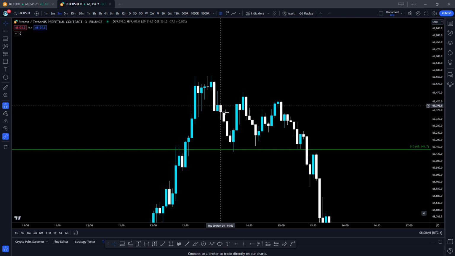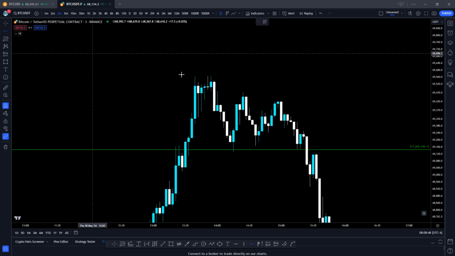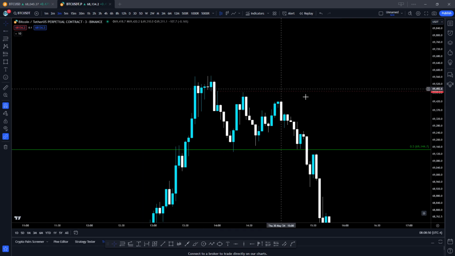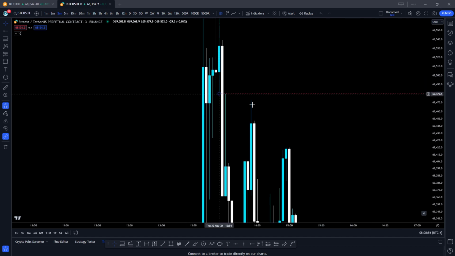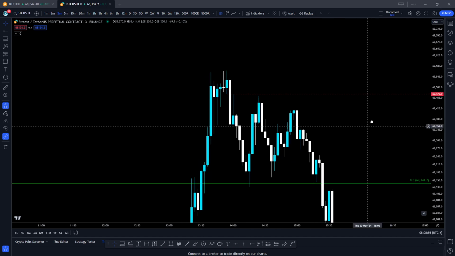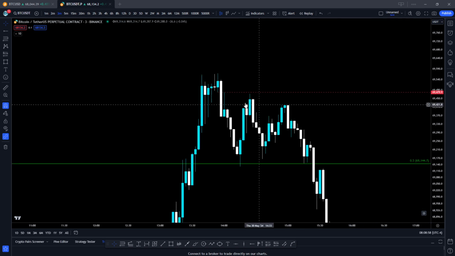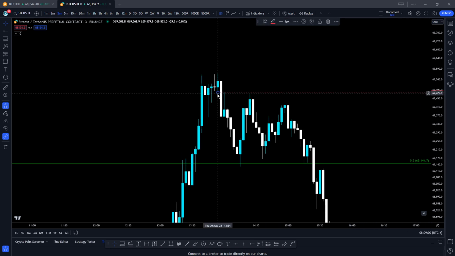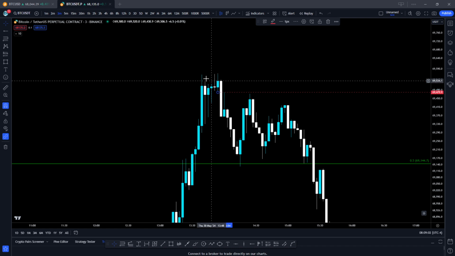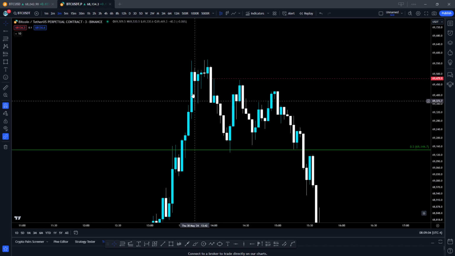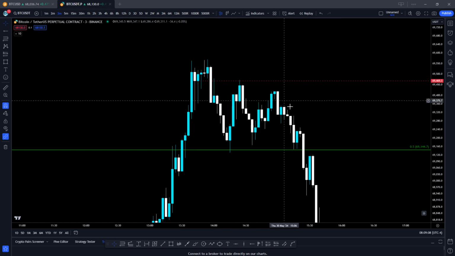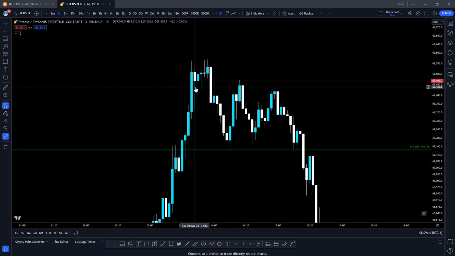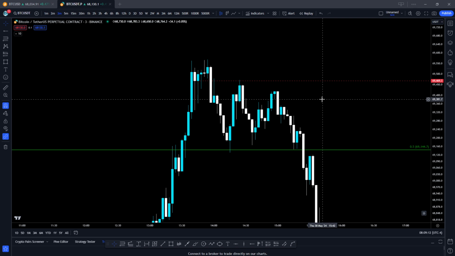Okay, so in this leg here, I'm looking for a fair value gap. Not really a fair value gap there. So what I want to see now is maybe an order block. Don't really have any order blocks. Do we enter? I wouldn't.